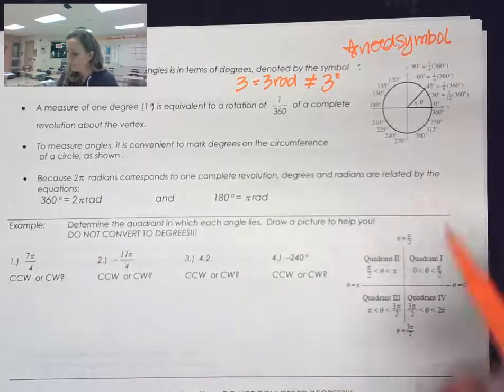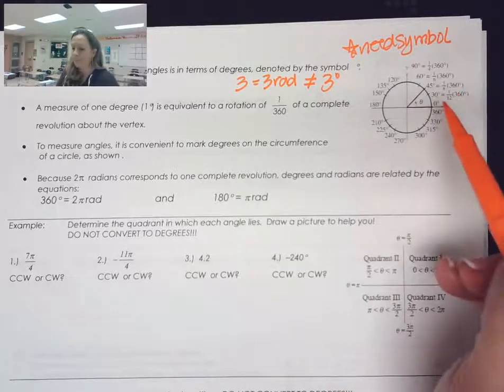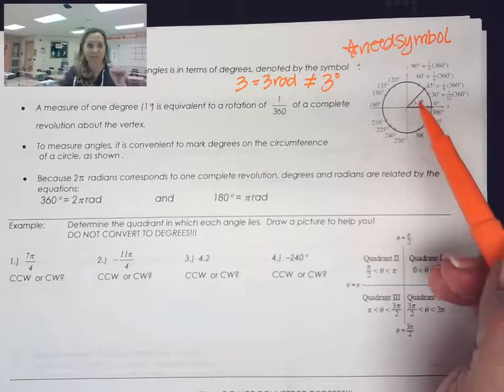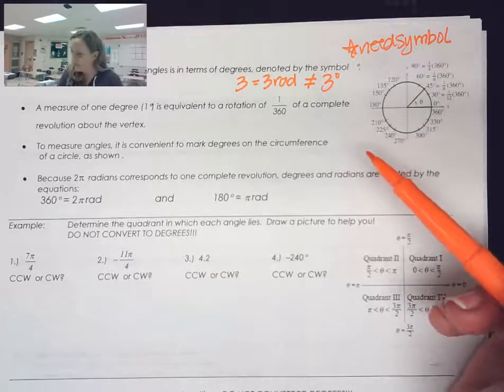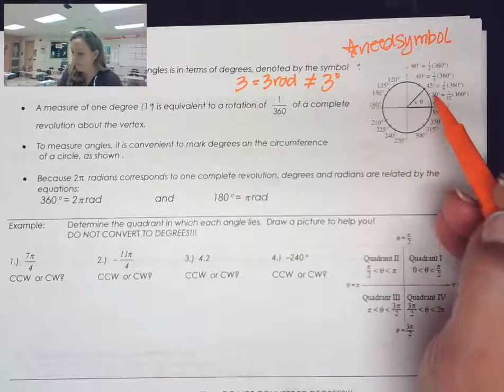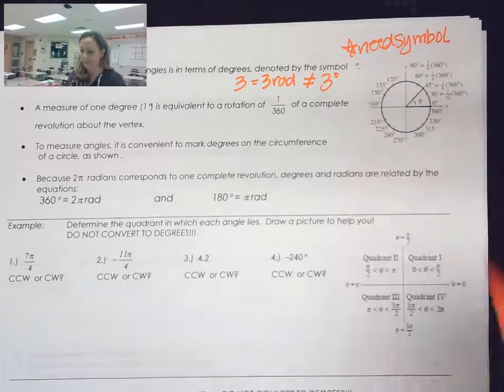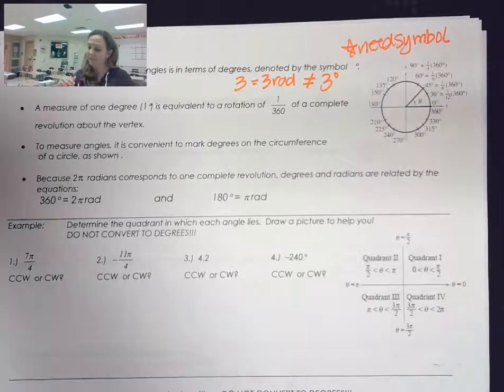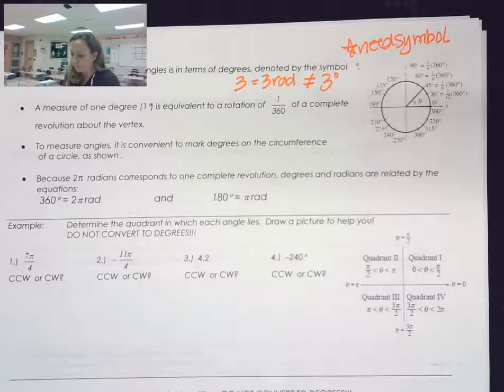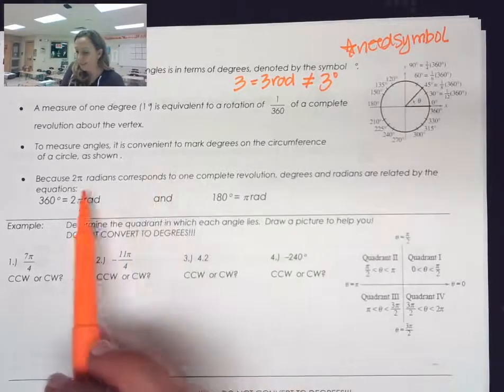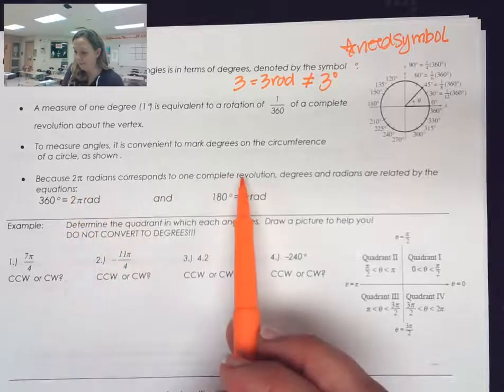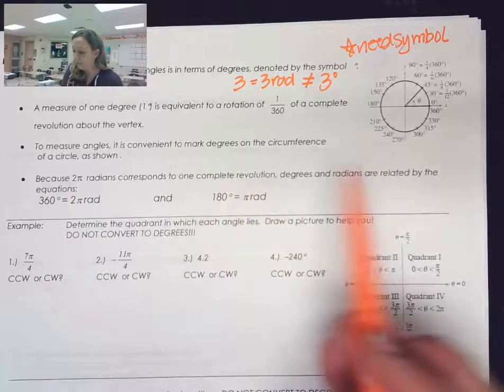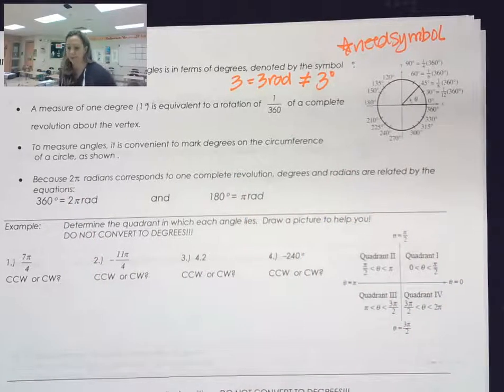And again, there are these really convenient marks that hopefully are familiar to you from last year. Things like 30 degrees, 45 degrees, 60 degrees, 90 degrees, etc. So it's convenient to mark those degrees. Again, because 2 pi radians corresponds to 1 complete revolution, degrees and radians are related by these equations.